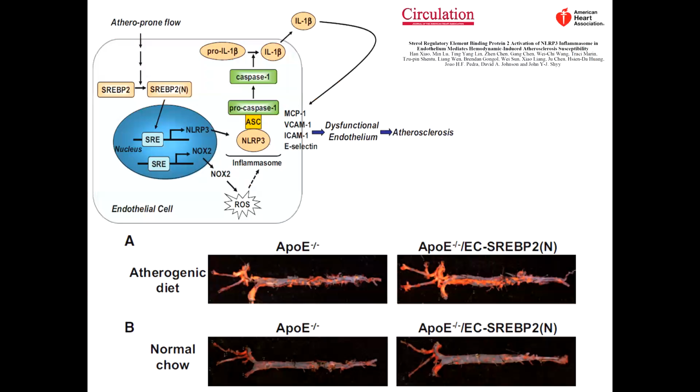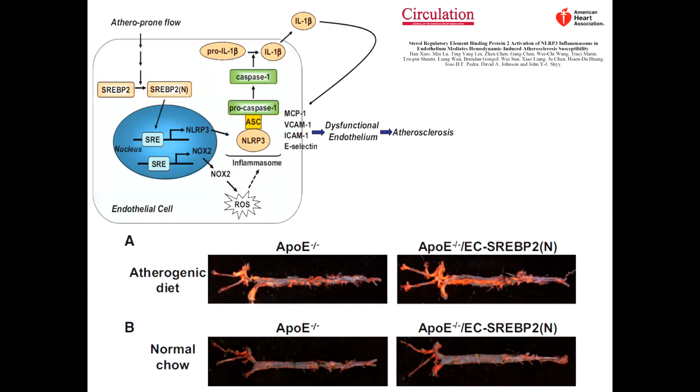You also see that it increases the transcription of NOX2, and one of the girls talked about NOX2 as increasing ROS. So here, when blood vessels are exposed to oscillatory flow, which commonly occurs in the bifurcations or the aorta, then there's going to be an increase in inflammatory responses through the inflammasome and an increase in oxidative stress through ROS production.